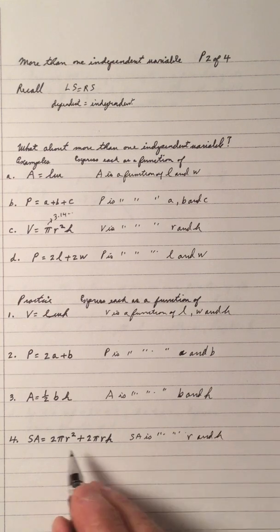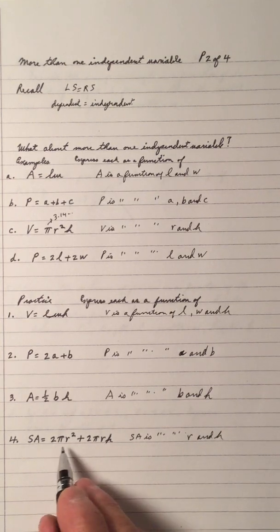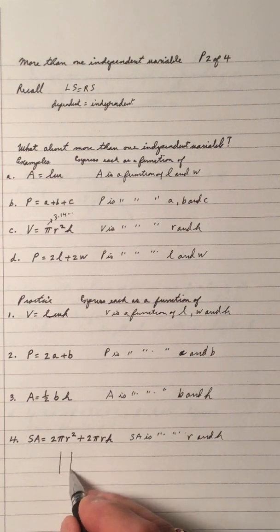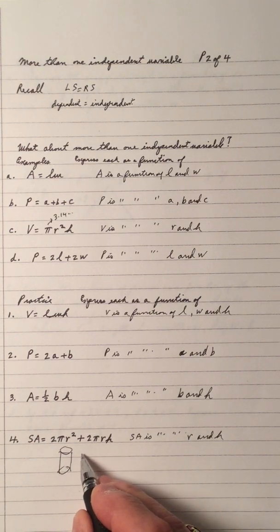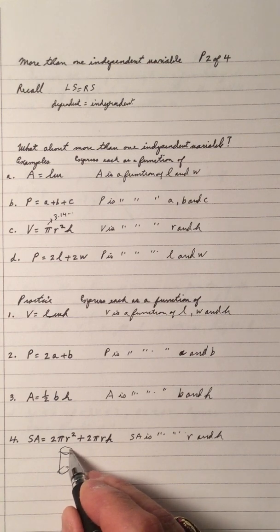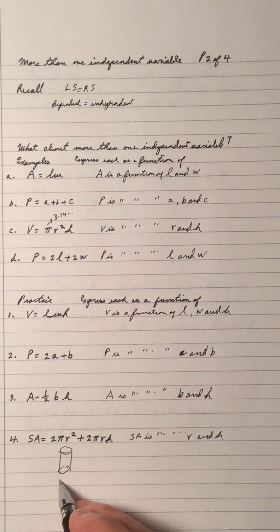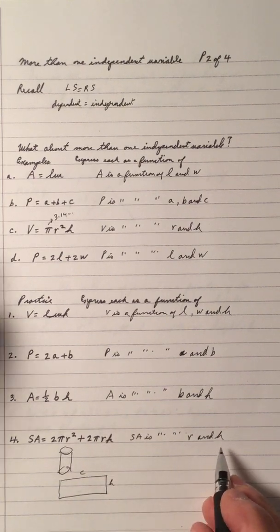There's only two variables on this side, r and h. Remember, this is the surface area of a cylinder. So if you think about it, a cylinder has two circles, one on top and one on bottom, and the circumference is the lateral area when you allow it to unfold, like stretch it out. Circumference times height, so it's 2 pi rh.